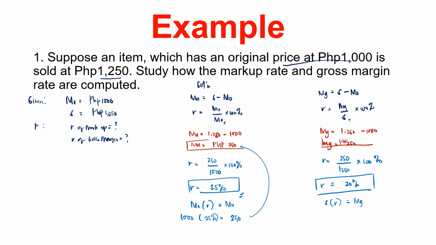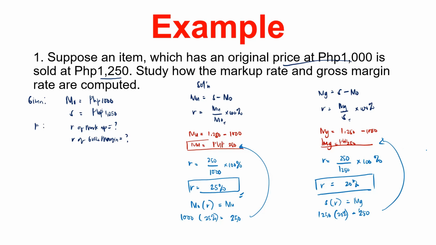Okay, which is, ayun, si markup. Okay, now if you're going to get the gross margin, so our selling price is 1,250 times the rate, which is 20%. Okay, so if you're going to multiply it, dapat ang lalabas dyan is 250 as well.